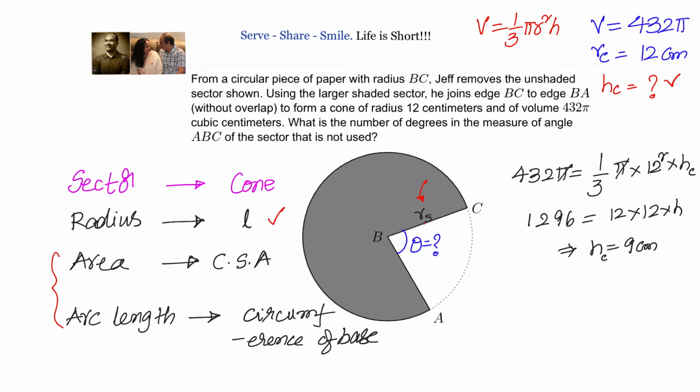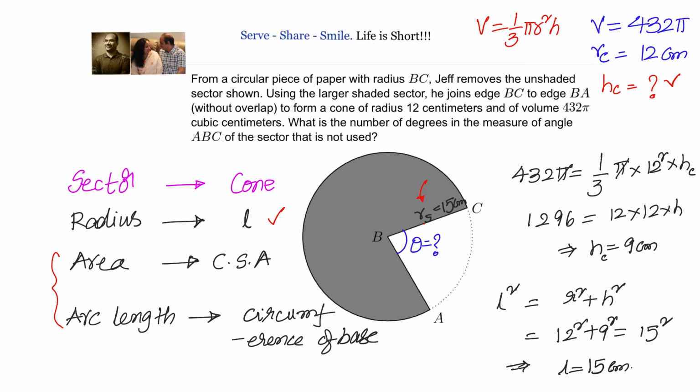Once we know the height of the cone, we can find L square, the slant height of the cone, which is given by r square plus h square. That is 12 square plus 9 square, which equals 15 square. So L equals 15, which means the radius of the sector is 15 centimeters.